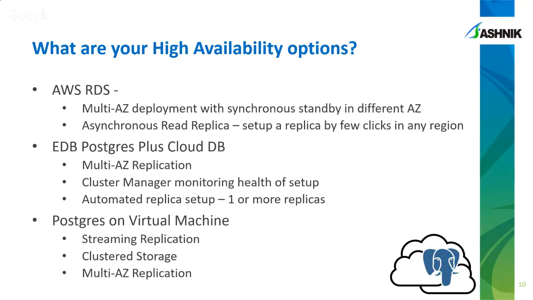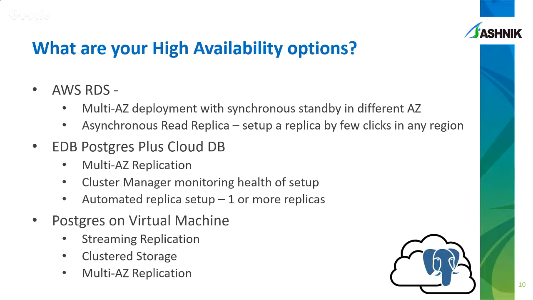It has auto healing capabilities, so if your master database goes down, it replaces that master with a new instance. And the health of your replicas and the master, everything is maintained. Your cluster overall will still be available even when your master goes down.